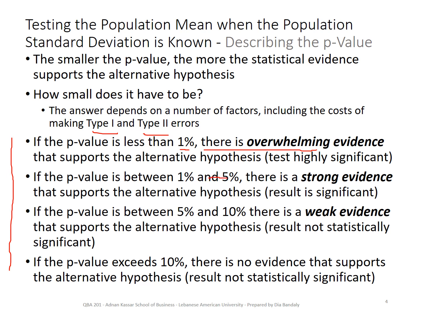Then what about if p-value is between 5 and 10%? We say that it is evidence, but it's weak evidence. And if p-value exceeds 10%, then we say that there's no evidence. That's it. So these are just guidelines. Again, it depends on a case-by-case basis, but for this course, the criterion will be given to you.